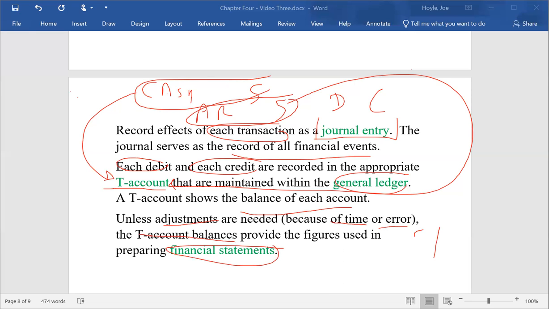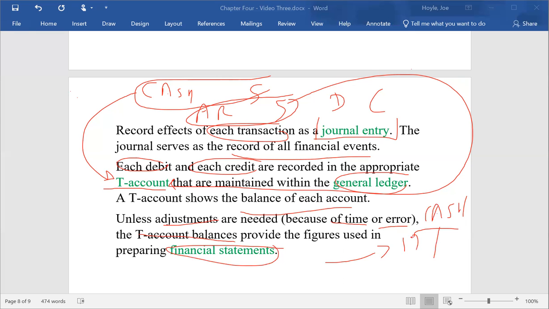So if you have a T account for cash and that T account for cash shows that you've got $17,000, then when you make your balance sheet and you report your current assets, then you would report cash of $17,000. The T account balance, after it's been adjusted for time and errors, is the balance that's actually reported in the financial statements.